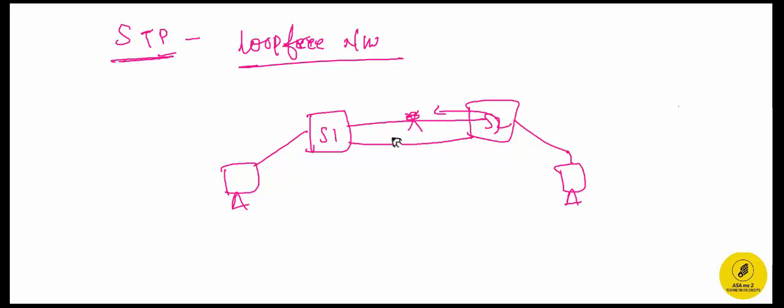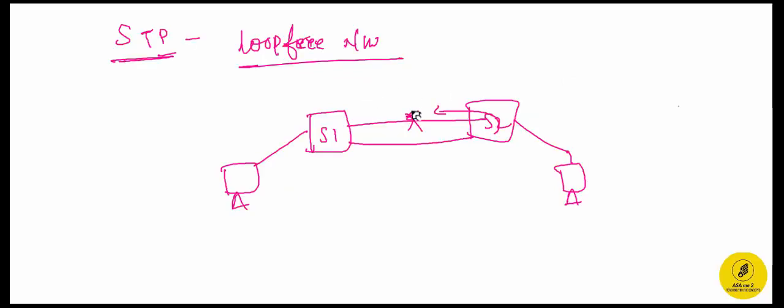Or if there is a broadcast, then that packet will keep looping. That is why we have the spanning tree protocol. The spanning tree protocol ensures that you have a loop-free network if there are redundant paths. So this is to avoid loops in your layer 2 network.